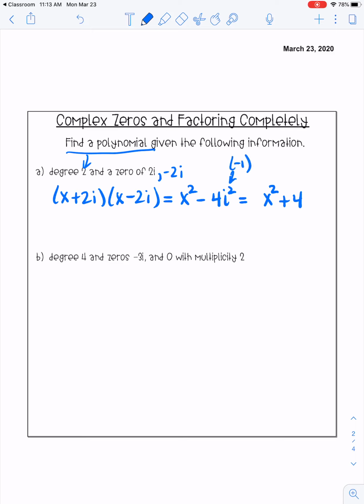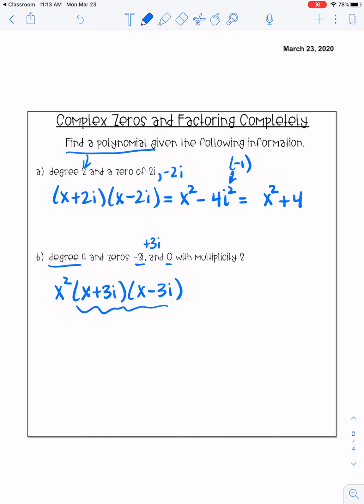Okay, here I want a degree 4, and I gave you, well, 0 is at negative 3i and 0. And 0 has a multiplicity of 2, so that means that's that, right? And the negative 3i, that also means positive 3i is a 0. So my factors are x plus 3i and x minus 3i.